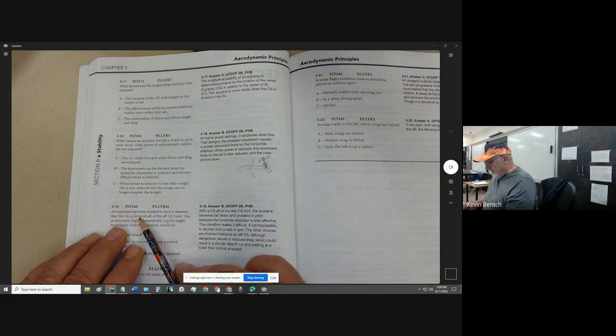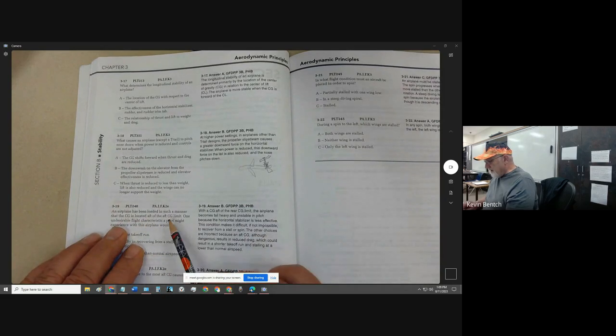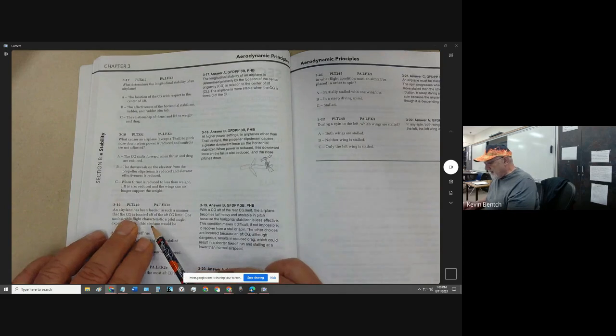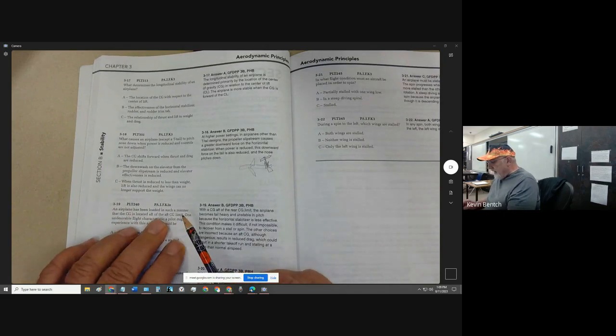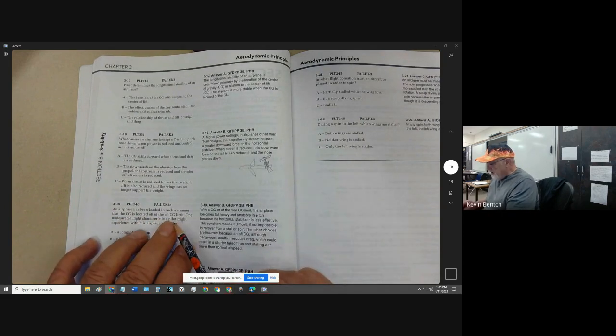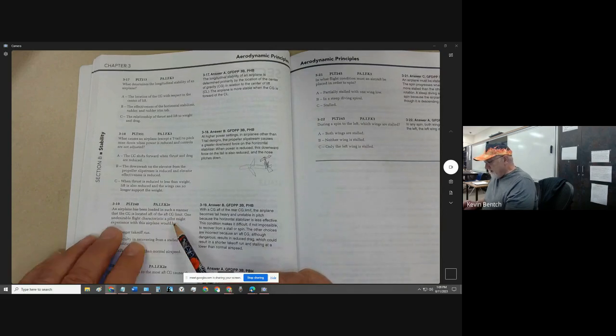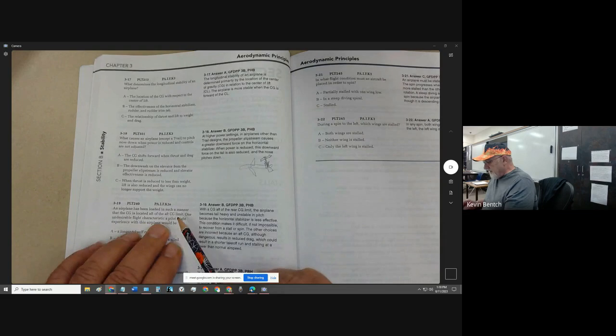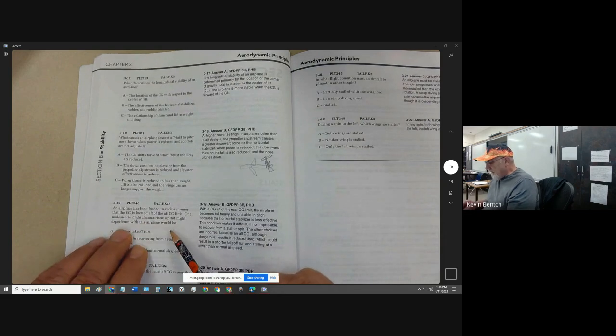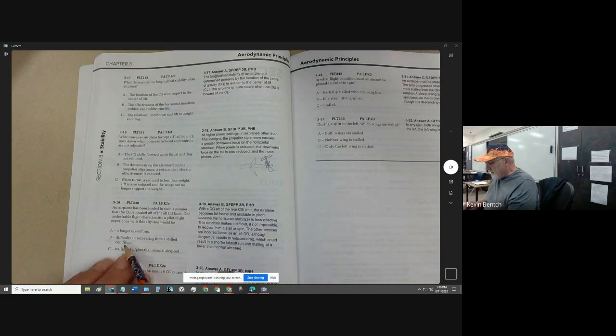3-19. An airplane has been loaded in such a manner that the CG, or center of gravity, is located aft of the CG limit. In other words, you have a chart that shows where the CG can be located in the plane. One undesirable flight characteristic a pilot might experience with this airplane would be B, difficulty in recovering from a stalled condition.